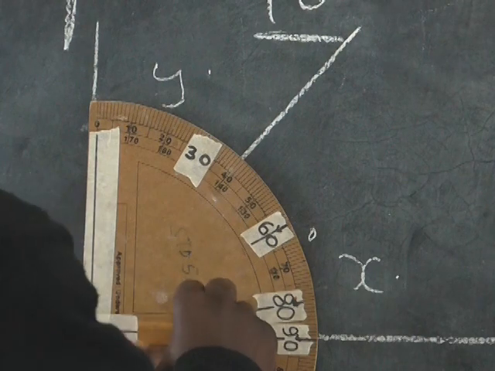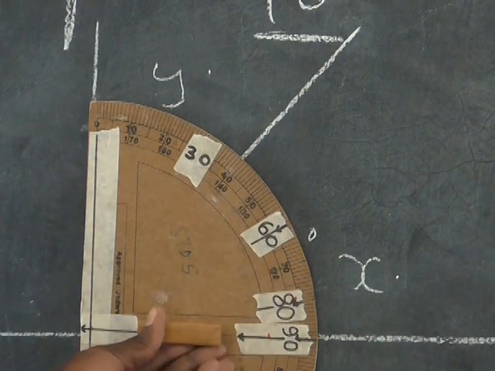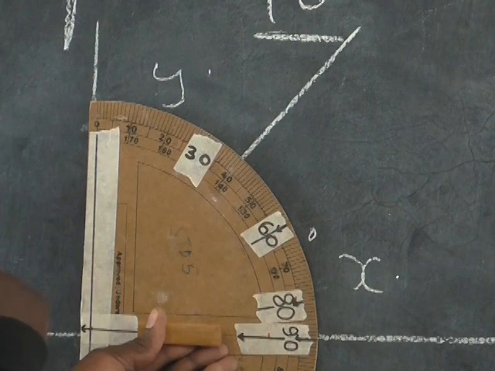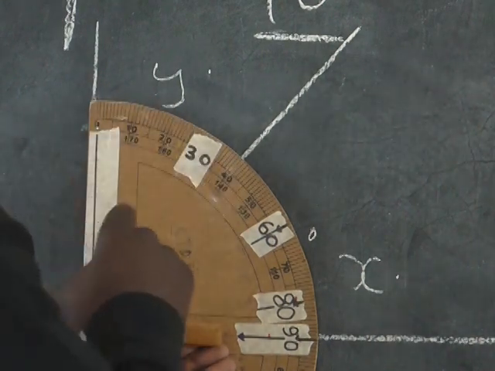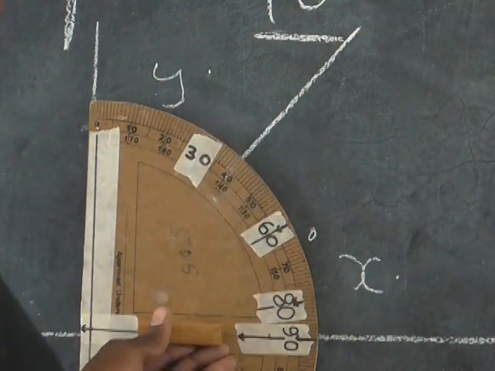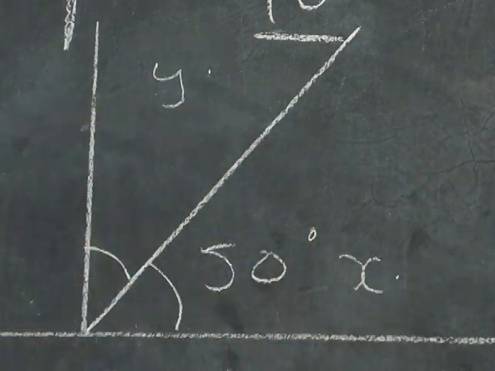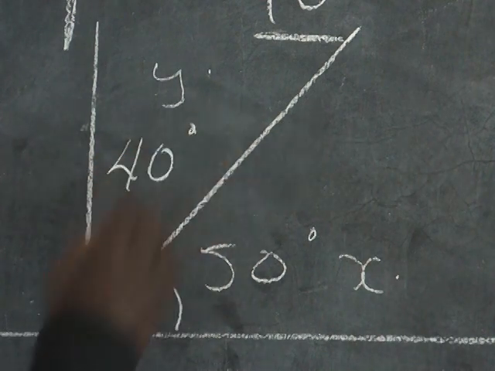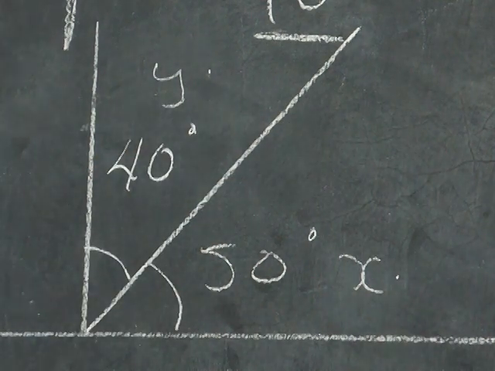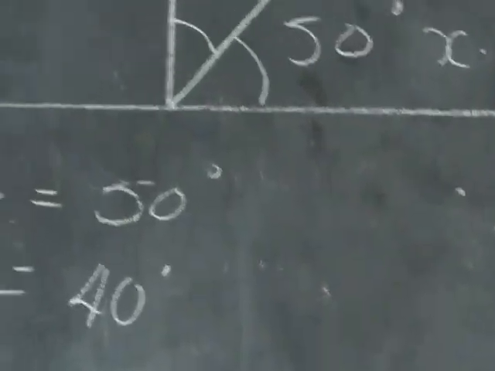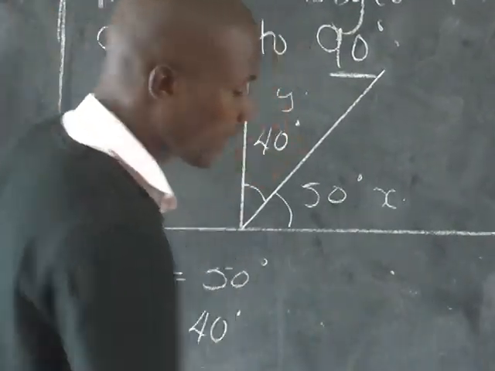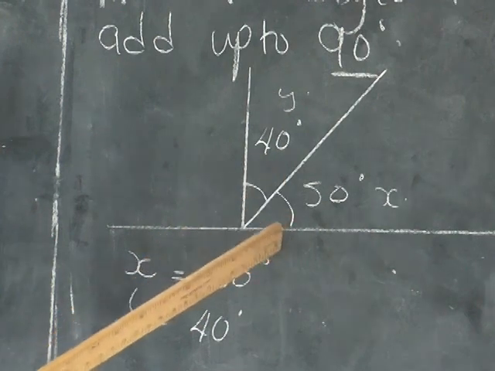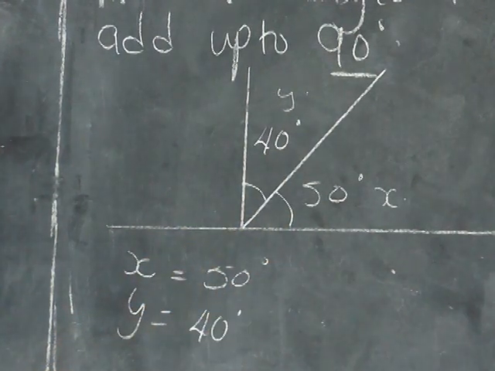If I measure it, I now use the outer scale. 0 to 10 to 20 to 30 to 40. And I get it to be 40 degrees. Therefore, y is equal to 40 degrees. Using my protractor, I'll get that angle x is 50, angle y to be 40.